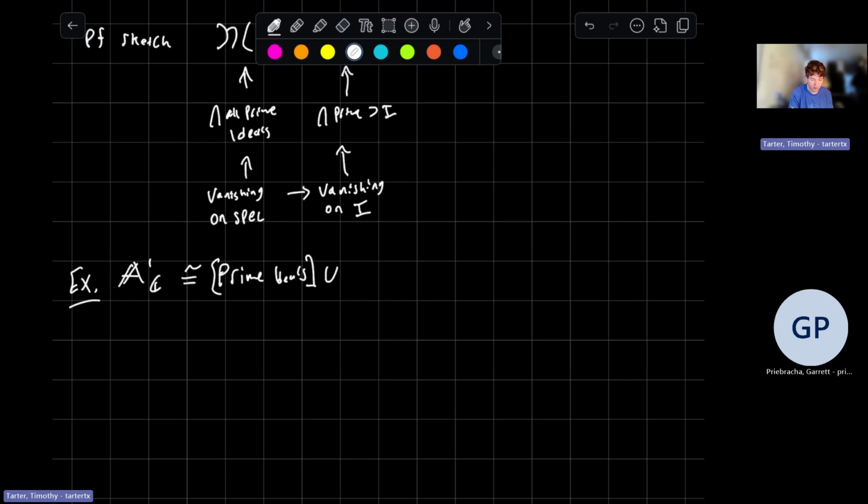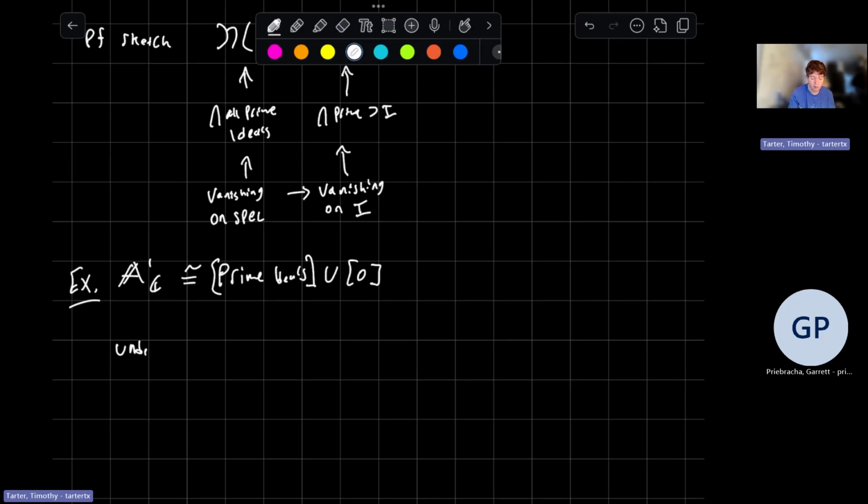Prime ideals and 0. The Zariski topology on this is not exciting. The open sets are the empty set and A1C minus a finite number of maximal ideals.